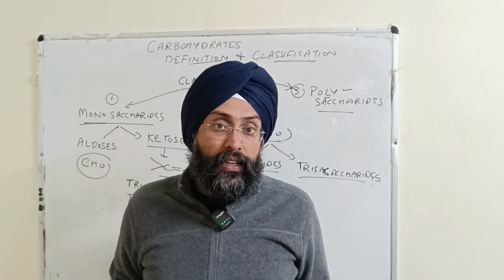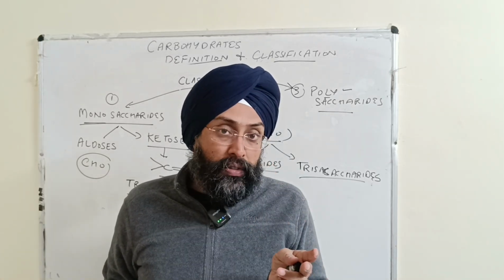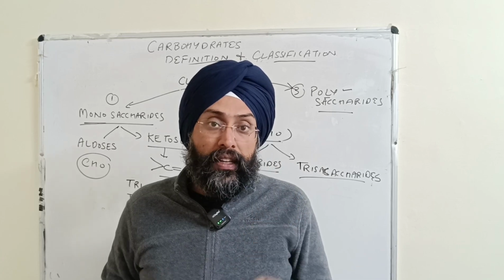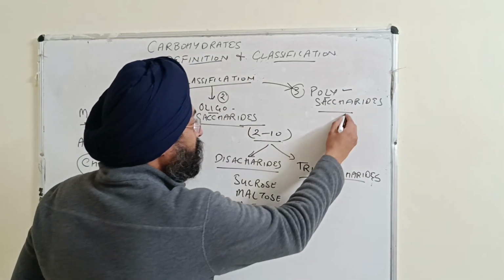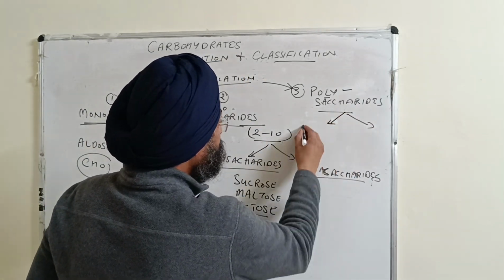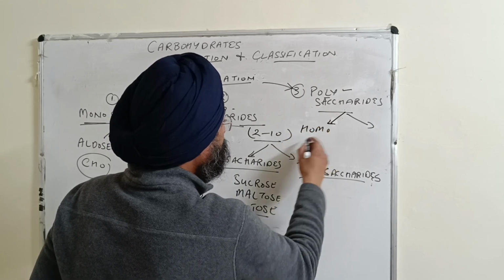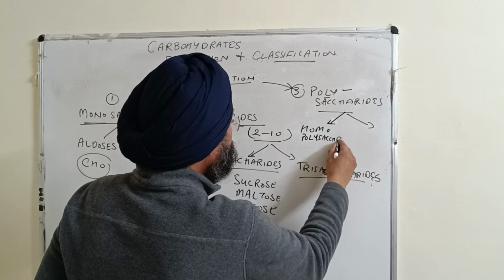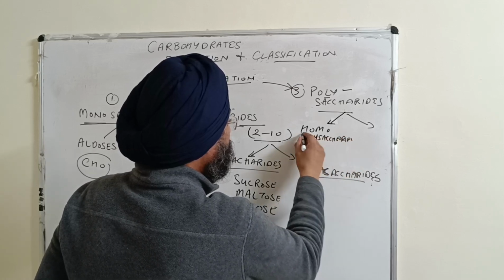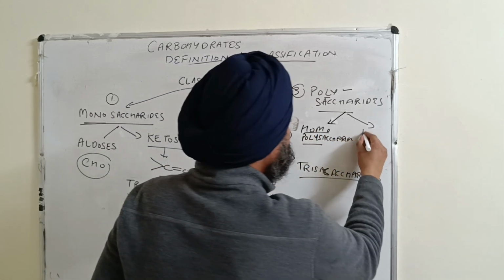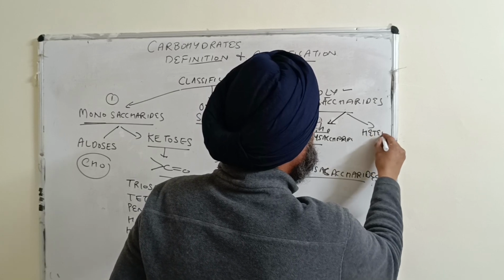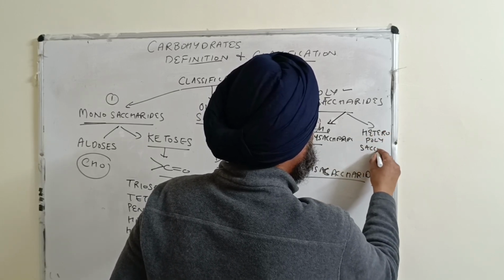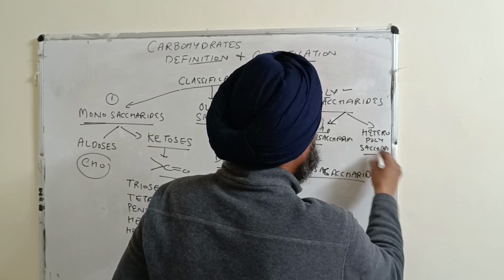Now coming on to the last category, that is polysaccharide. The polysaccharides are very large molecules, right? So they form colloids with water, right? And they are further categorized into two categories, that is homopolysaccharides, right? And second is heteropolysaccharides, right?